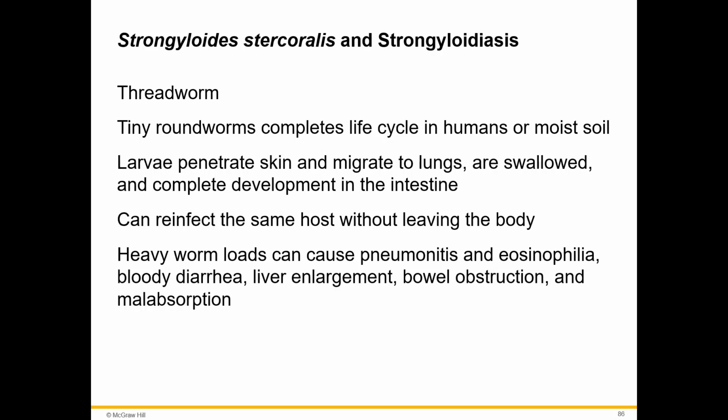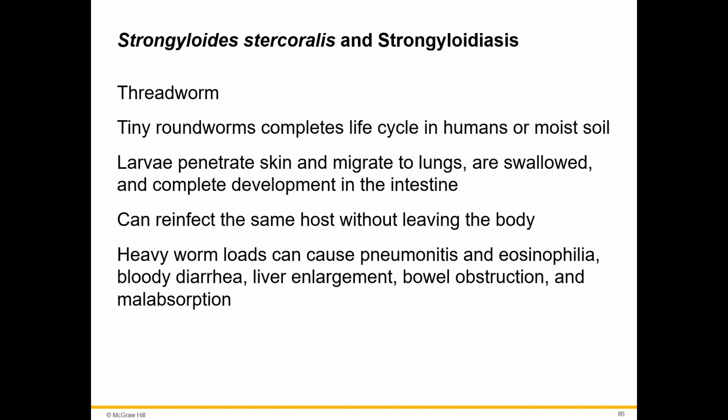We're almost there. So we've got Strongyloides stercoralis, right? And this causes strongyloidiasis. This is a threadworm, common name threadworm. These are small little roundworms, real small. You thought the pinworms were small; these guys are small. They basically complete their life cycle in humans or in moist soil. Once again, they enter by penetrating the skin.